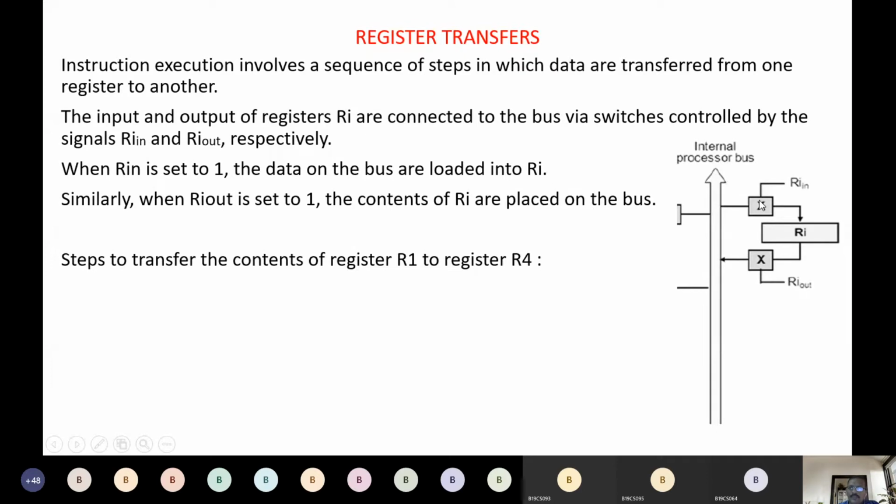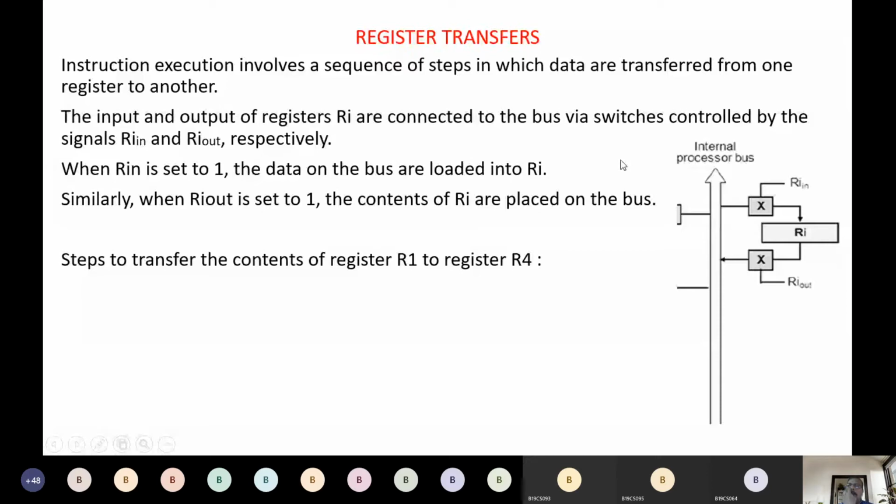And remember the square boxes are the switches. The input and output of registers Ri, that is R0, R1, R2, are connected to the bus via switches, and these switches are controlled by the signals Rin and Rout.